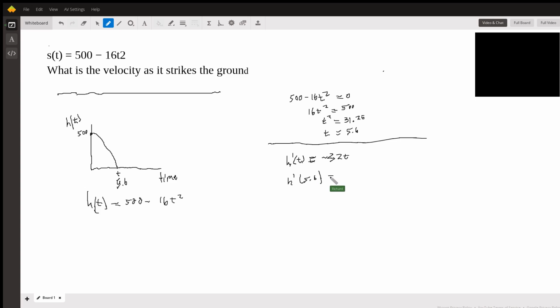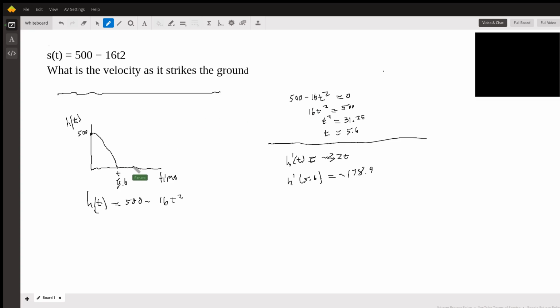And I'm going to put that in my calculator. Times 32. So I get negative 178.9. Again, I don't have the units here, so I'm not sure what the units are, but it's moving pretty fast.